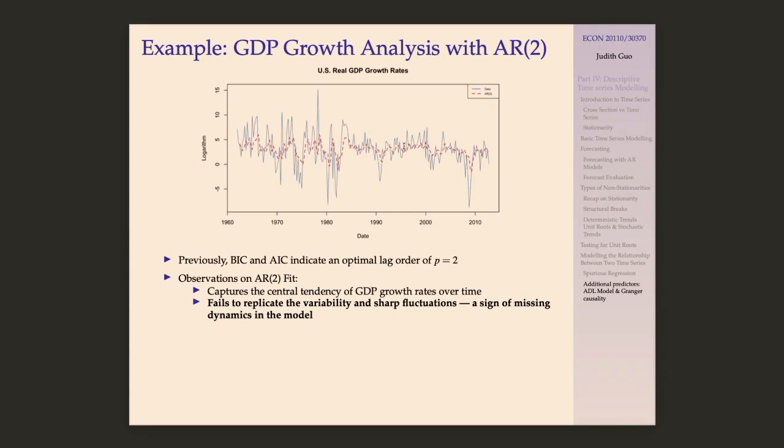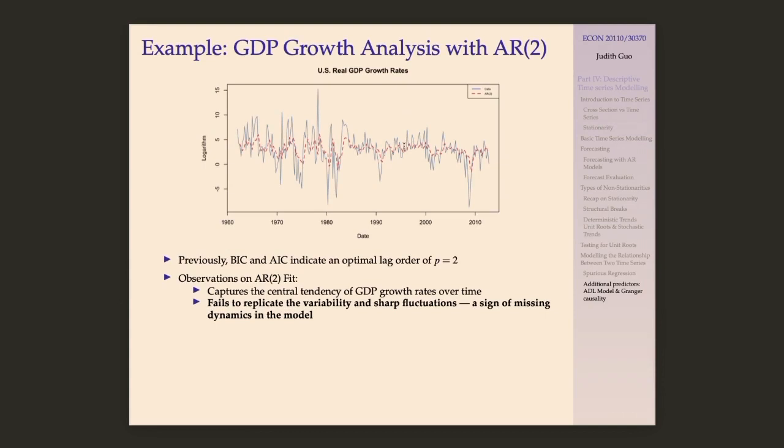So coming back to what we have seen earlier, we've been talking about the GDP growth, and previously we've seen that the BIC and the AIC, or even the stepwise testing procedure, indicate an optimal lag order of 2. So AR(2) seems to fit the GDP growth the best.